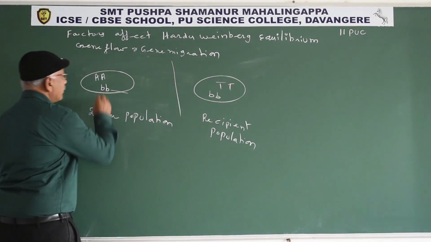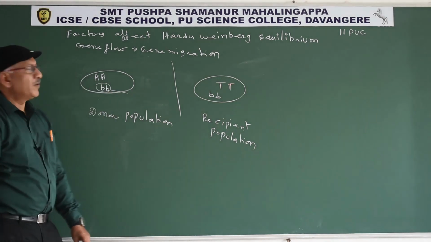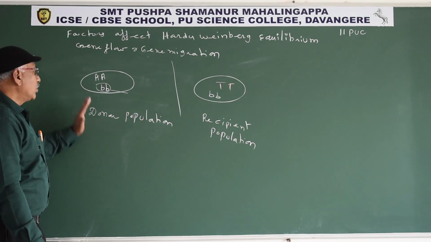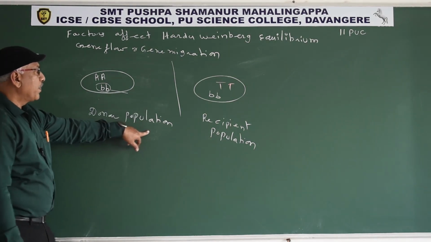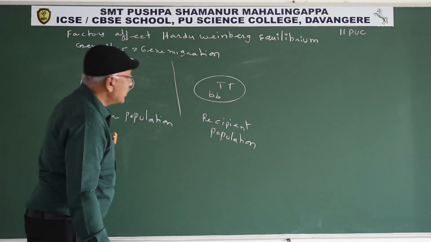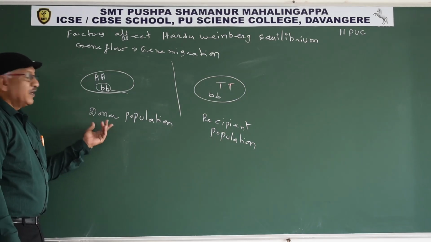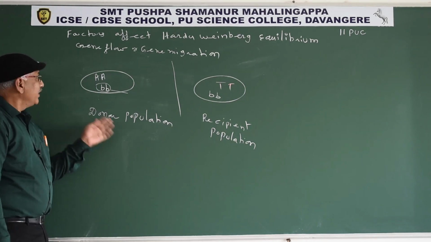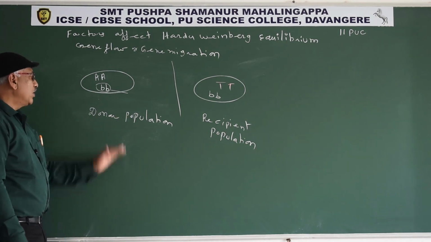Later, the 2 populations are geographically isolated. The population that donates alleles is known as the donor population. The population that receives alleles is known as the recipient population. So allelic frequency and genotypic frequency change in both the donor population and the recipient population.